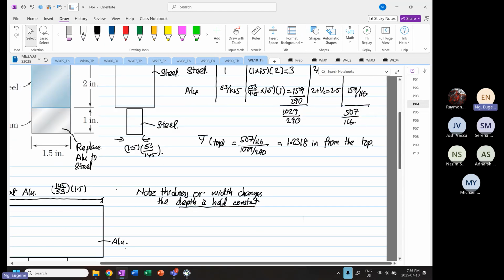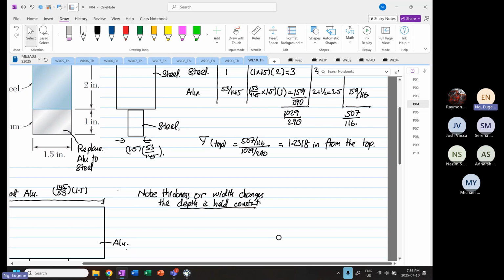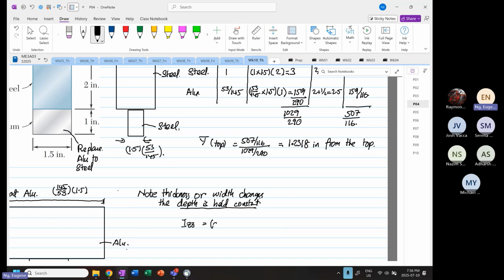Now, the next thing that we're going to do is find our second moment of area. So this is equal to IZZ, right? So this will be equal to, again, n width, depth cubed over 12 plus n width multiplied by depth, big Y bar minus small y bar, squared.